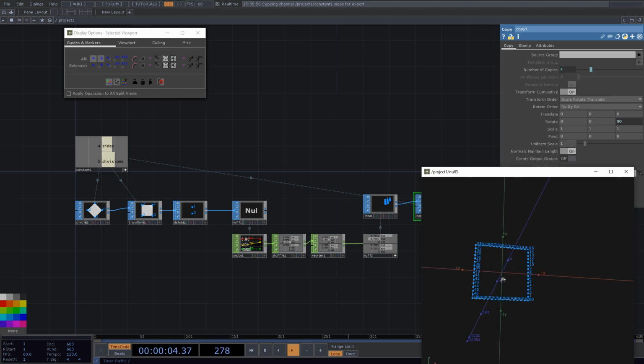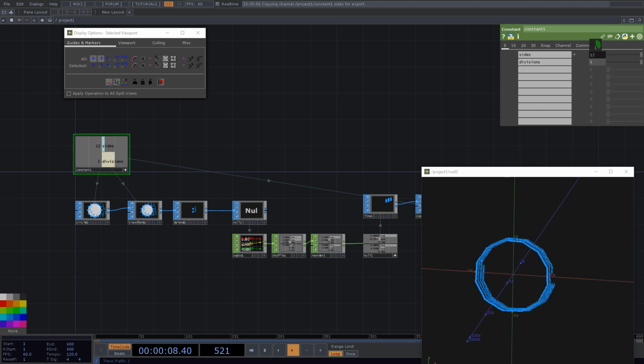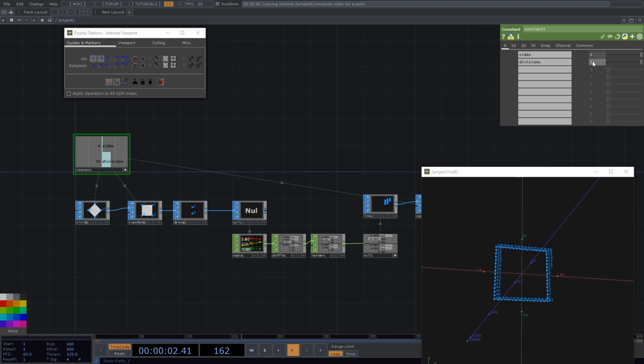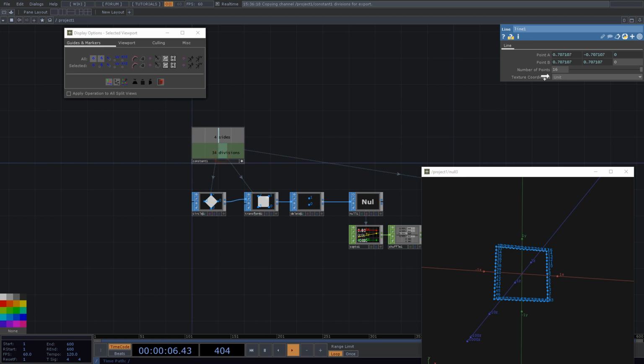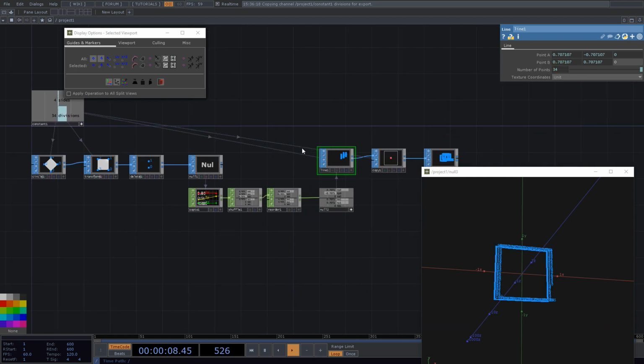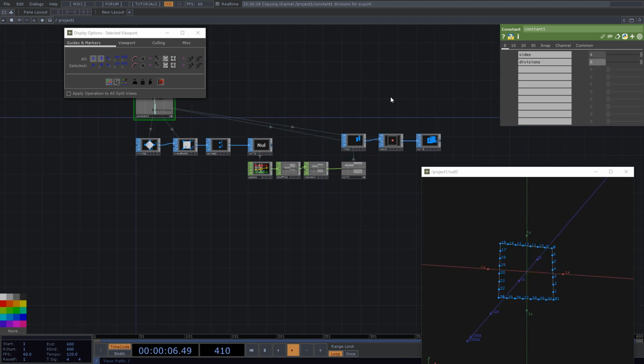So now I have that polygon. Oh, we don't set the divisions here, so yeah, okay, now we're good. So the order is perfect, right?